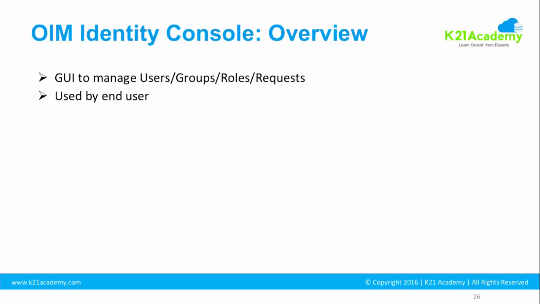But for now, remember that it's mainly used by end users. Your administrators can also use it to approve requests or create users on others' behalf, but we are going to look at that soon. Now, this is the application that gets deployed on Oracle Identity Manager managed server.